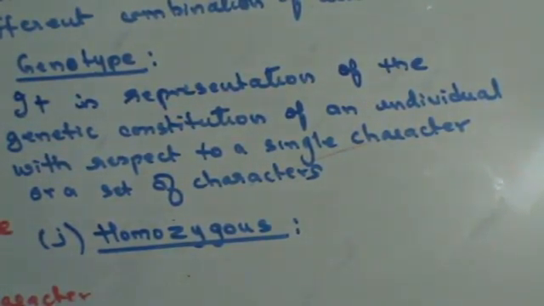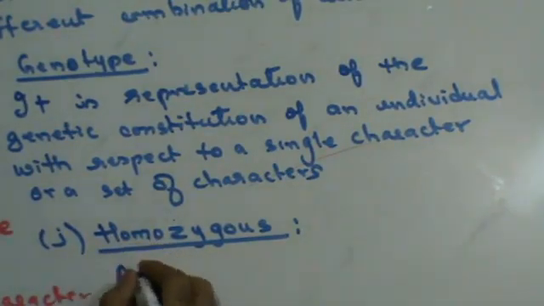So, an individual that possesses similar alleles for a particular trait is called homozygous, or it is also called pure. Fine, do we get this in here? If both the chromosomes for a particular character that an individual has are identical, they are not contrasting but they are identical, then that is called homozygous, right?